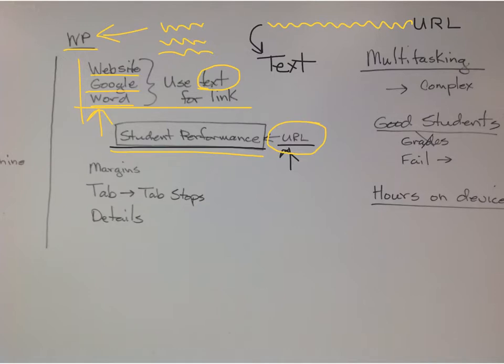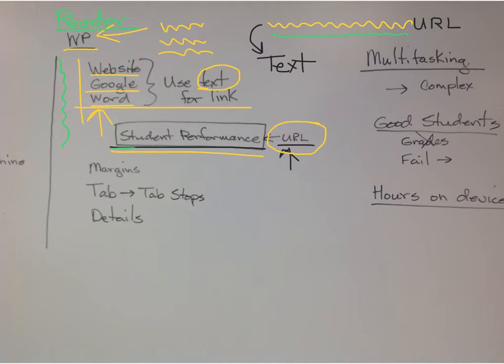And then for those people who are using a reader, maybe they're blind, or they have other reasons why they have to use a reader, when the reader is going through, if the reader hits this long URL, it has a hard time telling the blind person what it says.